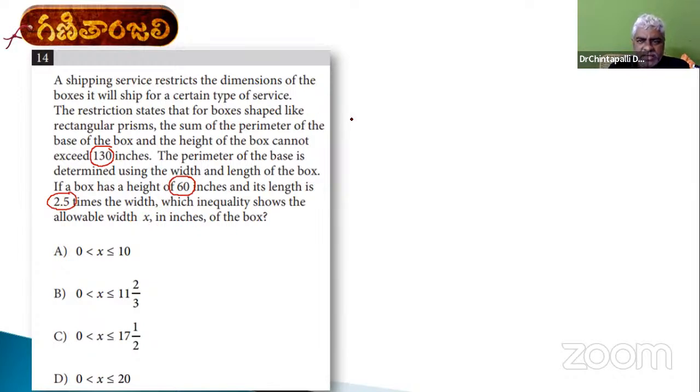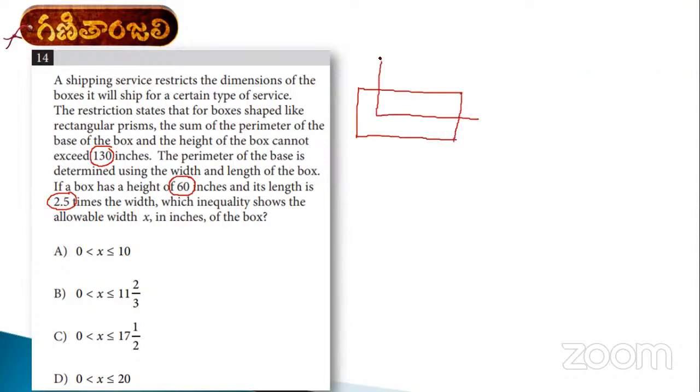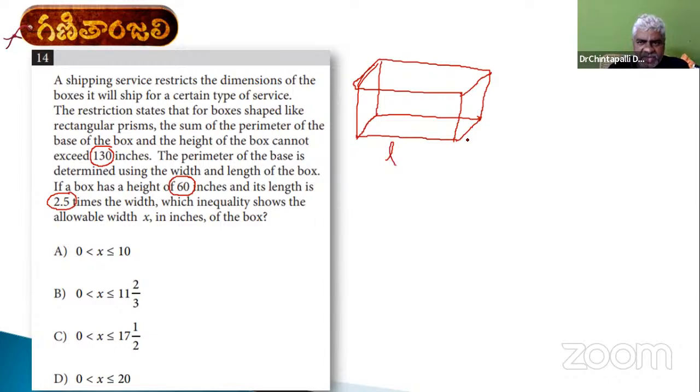A shipping service, that must be for rectangular prisms. These are called rectangular prisms. This is length, width, height.